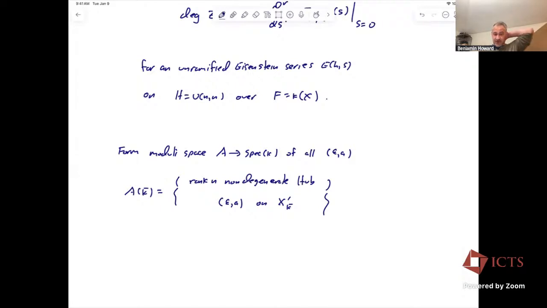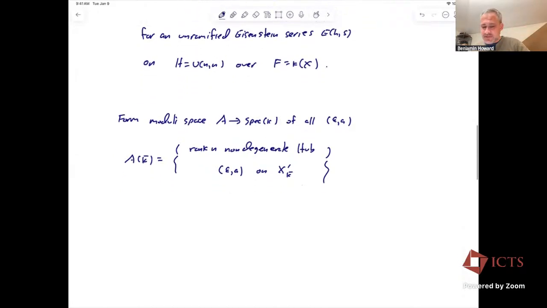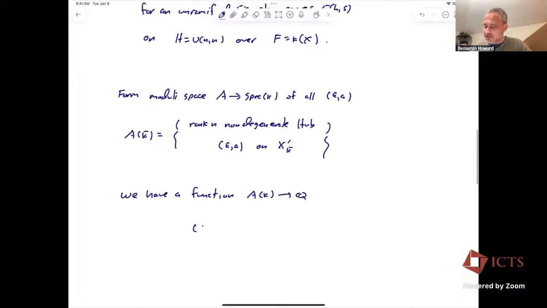So those are the k-bar points of the moduli space. And we have a function that we're interested in understanding, a function only on the k points. And the function is, it takes a k point, an E A, and sends it to the degree of the corresponding special zero cycle.